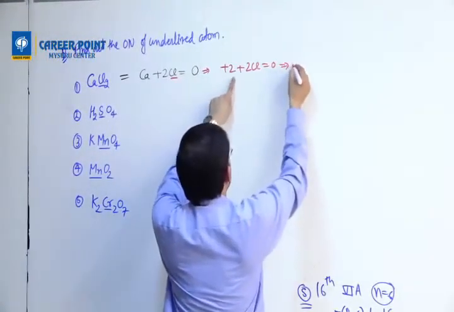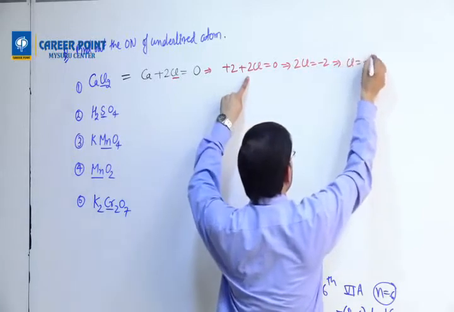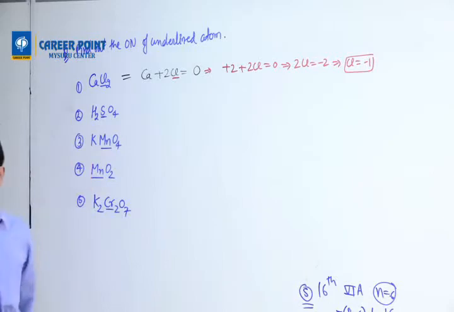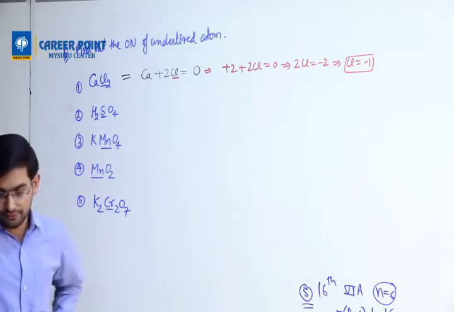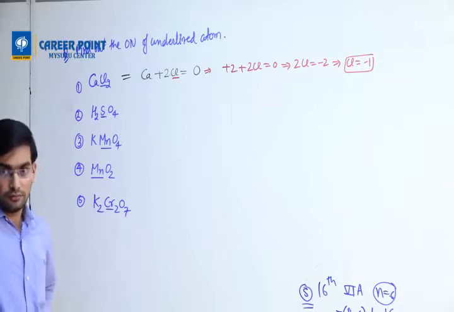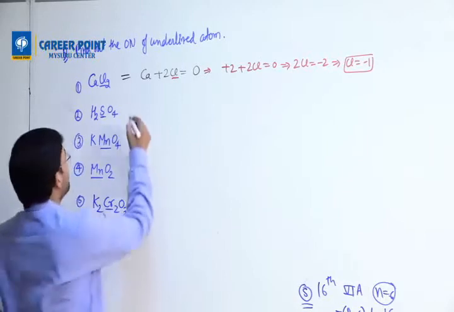So 2Cl equals minus 2, so Cl equals minus 1. Correct?